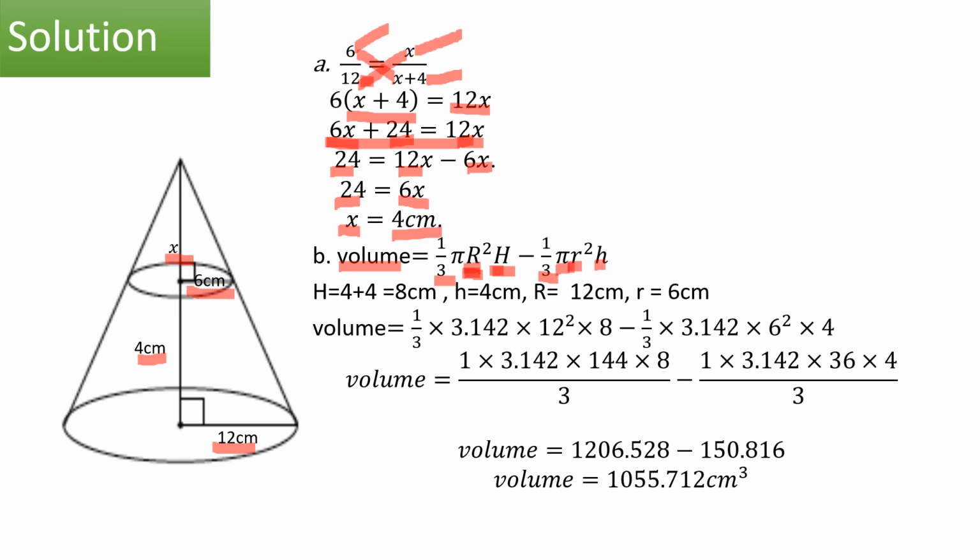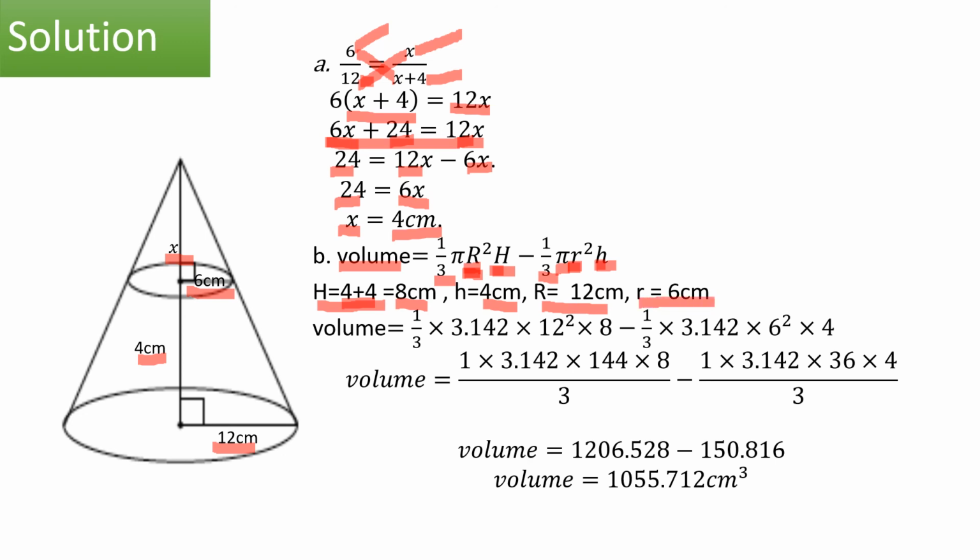This small r means the radius of the cone cut off, and this small h means the height of the cone cut off. So the height of the main cone is x plus 4, and our x is 4, so it will be 4 plus 4, which is 8. The height of the cone cut off is 4 centimeters, the radius of the main cone is 12 centimeters, and the radius of the cone cut off is 6 centimeters.